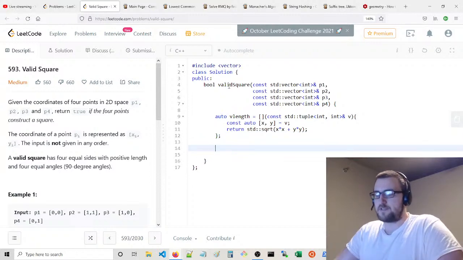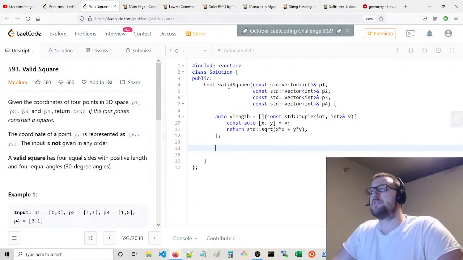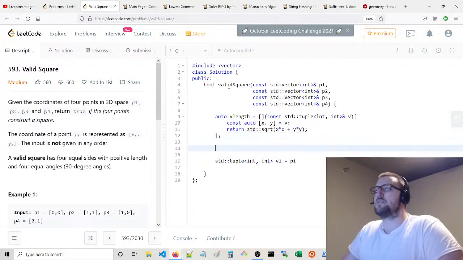And then we're going to say v1, std::tuple int, v1 is, say, get vector.